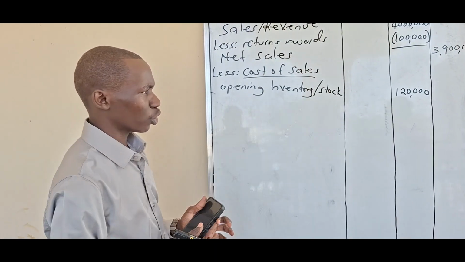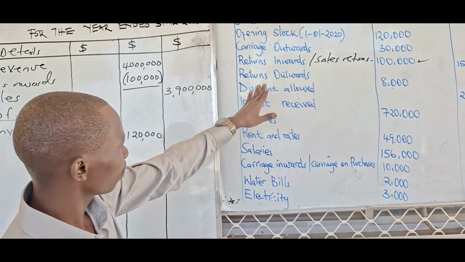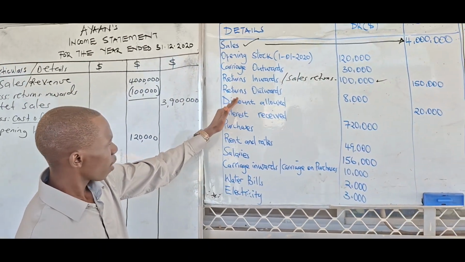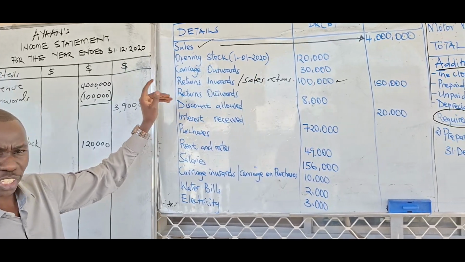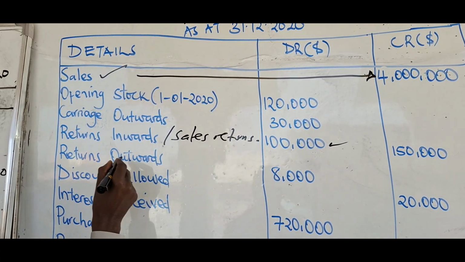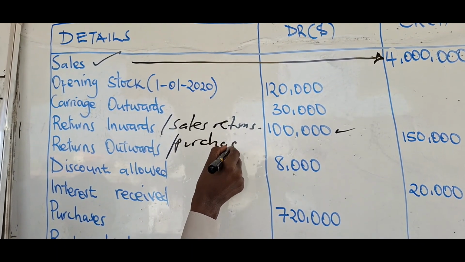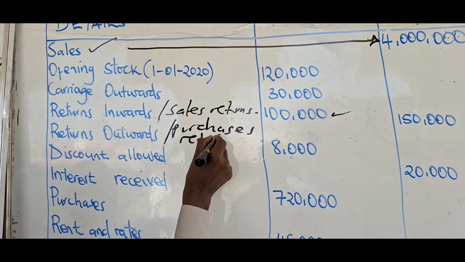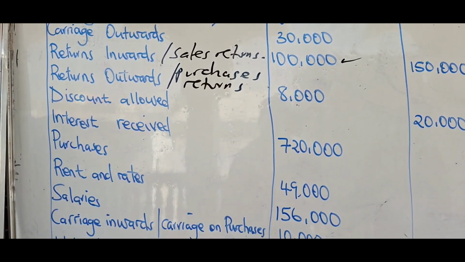You need to go to the question there. You try to go through any item related to purchases, which may include purchases, carriage inwards, and returns outward. When you check here, we have returns outwards or purchases returns. That makes part of our purchases. We shall subtract it, it reduces our purchases.